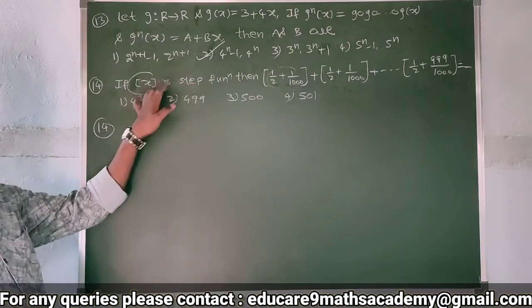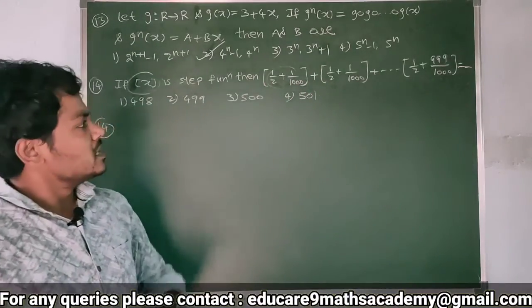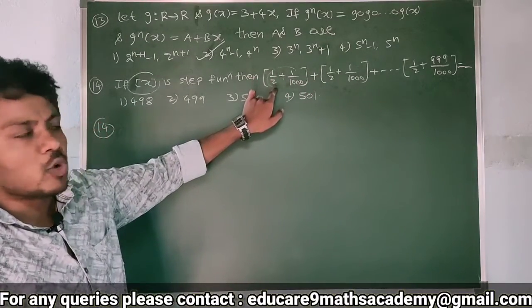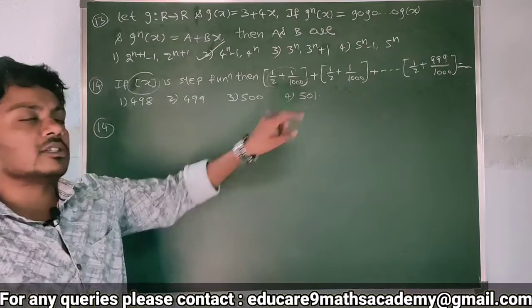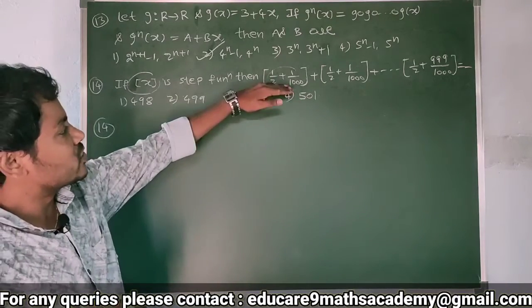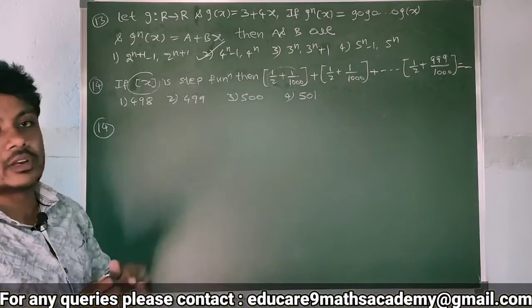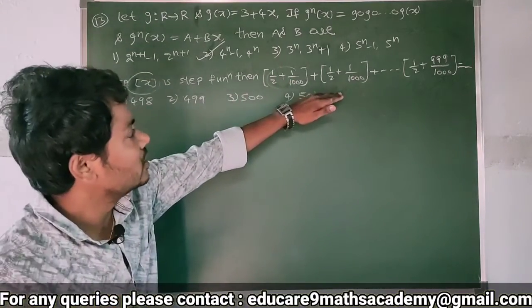So this is the step function and you want to find this value. See here, what is 1 by 2 value? 0.5 and 1 by 1000 is 0.00 something. So clearly this total value is 0.5 something. So this becomes 0 and this one also 0.